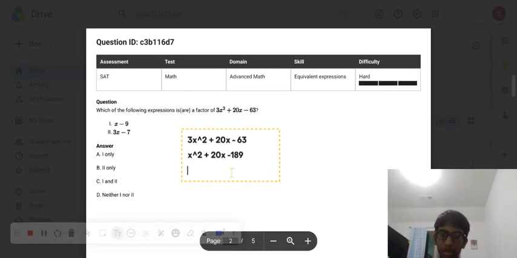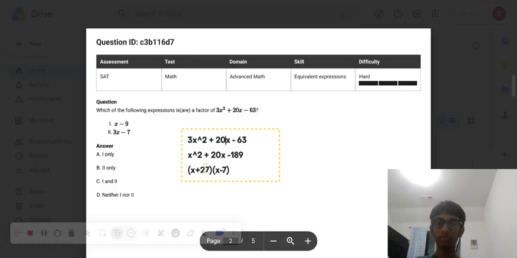Okay, yeah. So this would be equal to x plus 27 times x minus 7. Now, if we do this, we'll get the quadratic for this equation, not for this one.